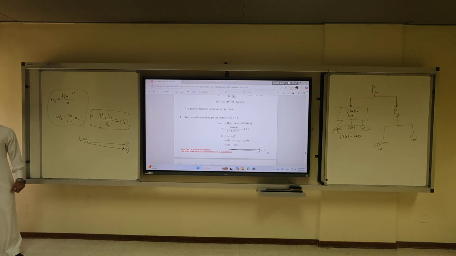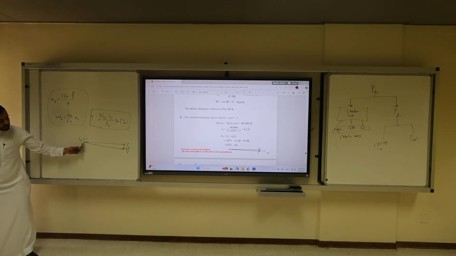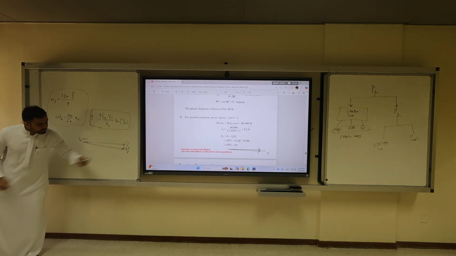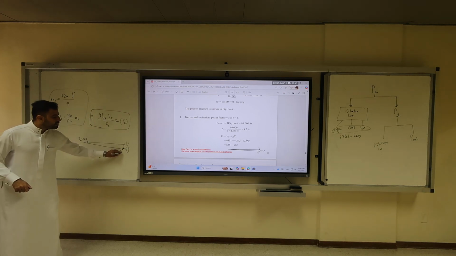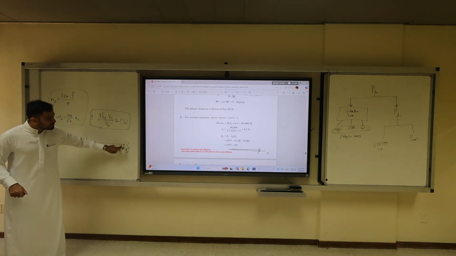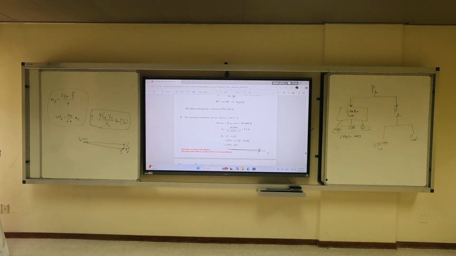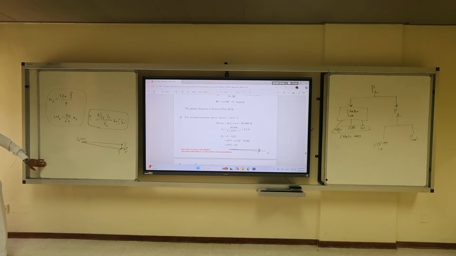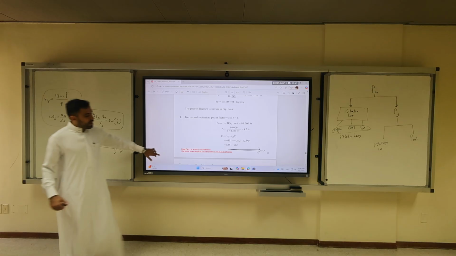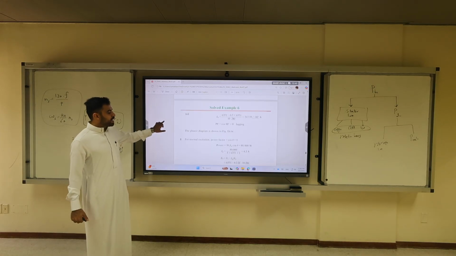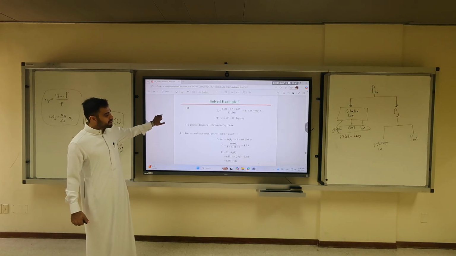Delta comes into the game if there is a difference in angle between EF and VT. So EF is VT minus jXIA. Get it? That is very important to consider. This is more of a real-life application, and for this part he's only asking you to do it for normal excitation.